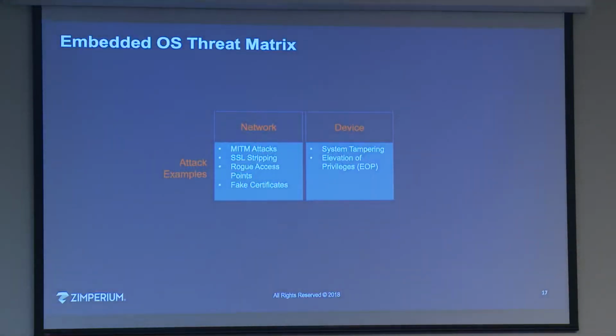So specifically, on the embedded operating system threat matrix, I'm going to focus on the network level and device level of attacks. Of course, the executable is a lot more of an open can of worms in general compared to the nice supercomputers we went through, because those are APKs, IPAs, right? So they're bundled.